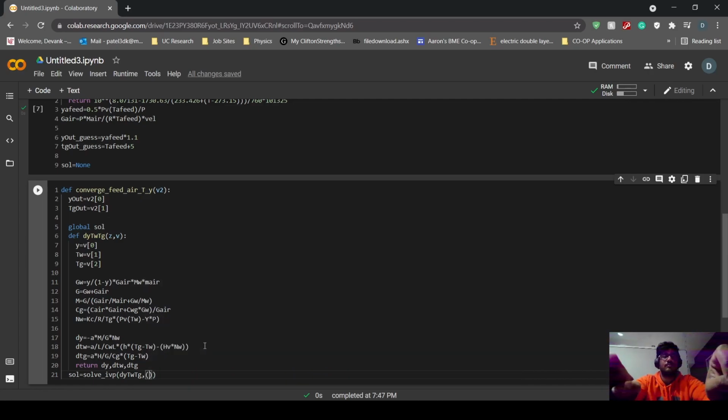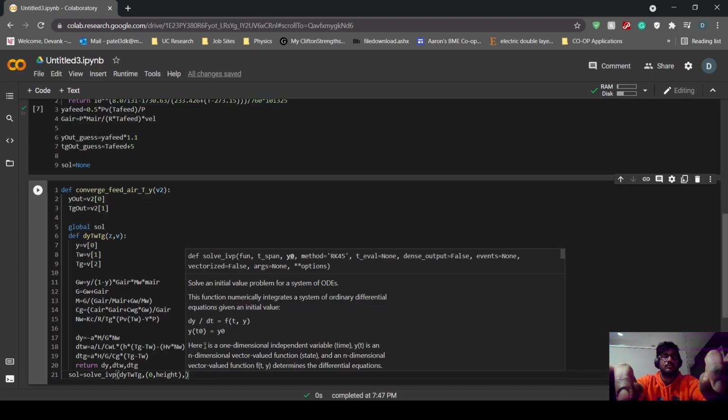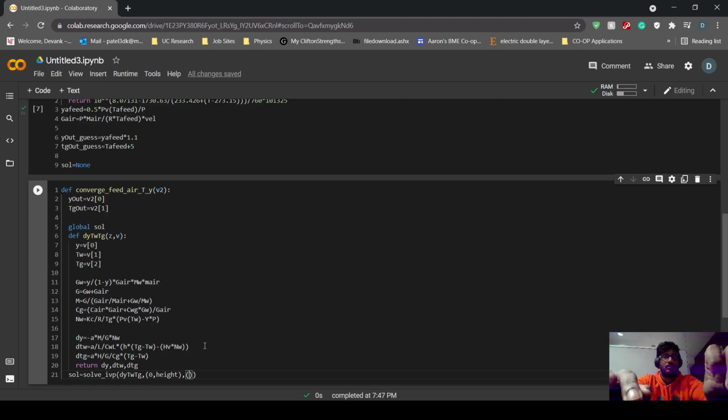The time span is going to be from 0 to the height. And then our initial y value, we have to be really careful of this. We have to make sure that we use the out arrays. So we're going to say y out, tg out.